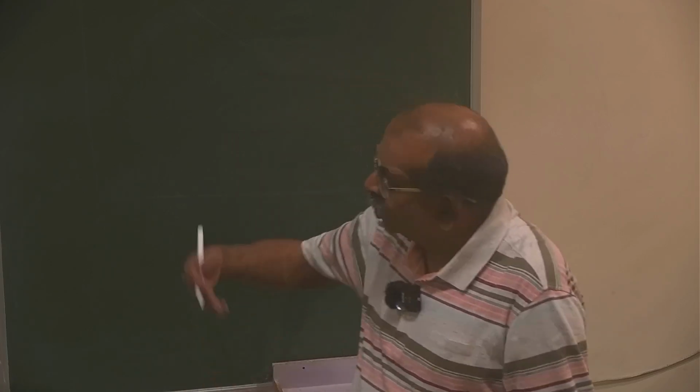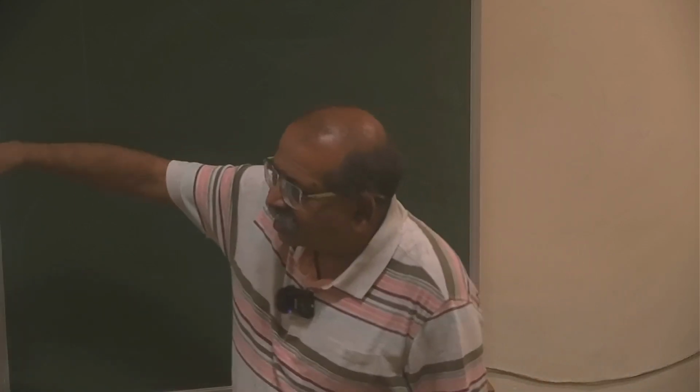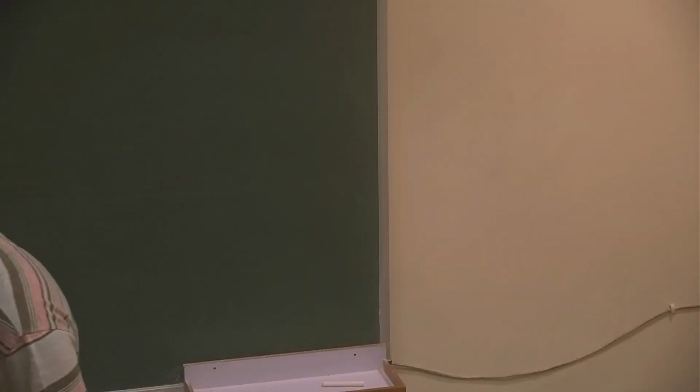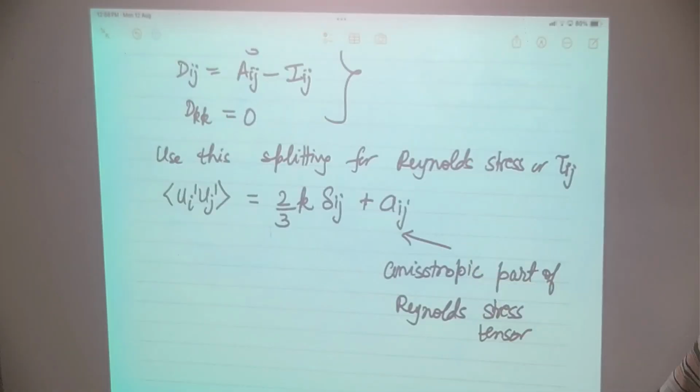So the only thing which stays from there will be the anisotropic part, and we will work on this. This becomes the main part of the Reynolds stress, which needs to be studied and modeled.